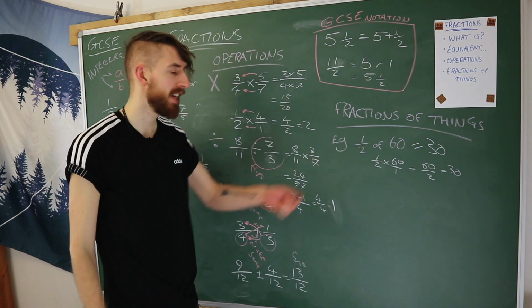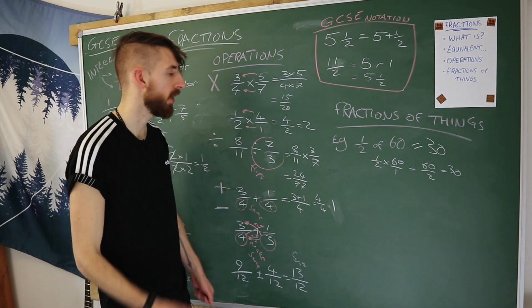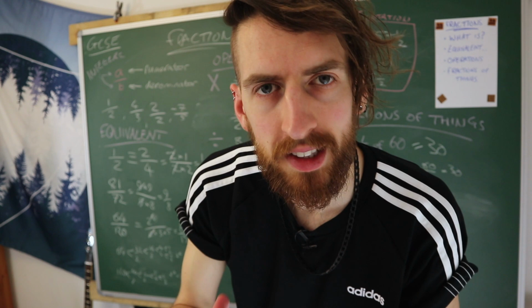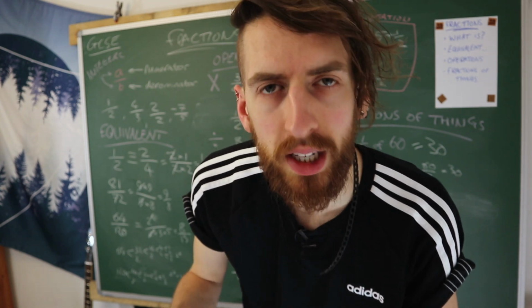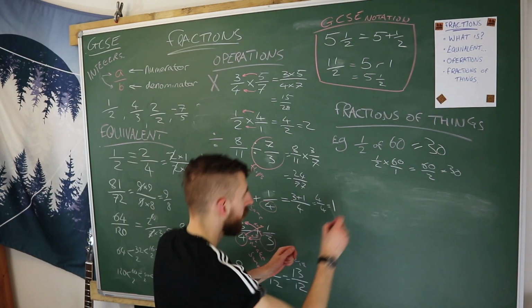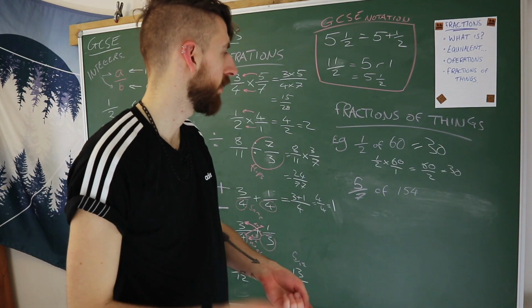See, this method is easier, and it makes it so you can do it of anything. So if you wanted 5/7 of, I've just had to backtrack because I did an example and it didn't work. Well, it did work, it's just it was too hard of numbers for right now. So I'll do a better one. 5/7 of 154.